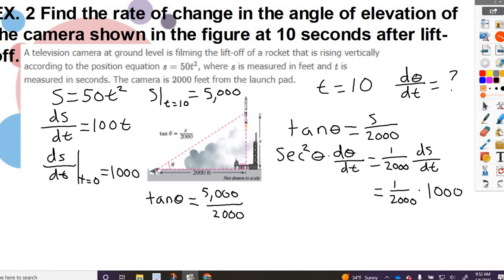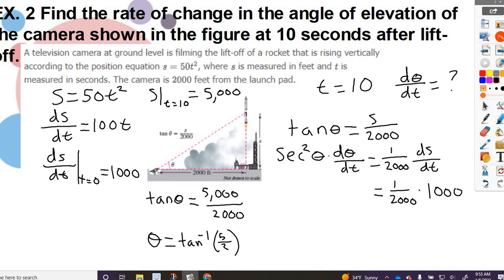Okay, and then how would I solve for theta? Inverse what? Tangent. So I have tangent inverse of 5/2. Agreed?